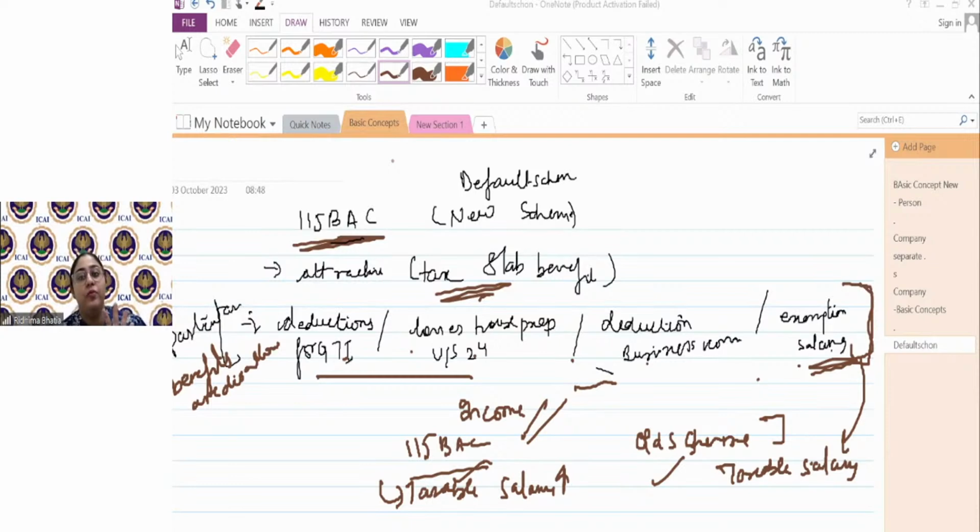Amit, in the exam you have to make a choice which scheme you have to go on. BAC is not any meaning, Ashwani. 115 BAC means section.